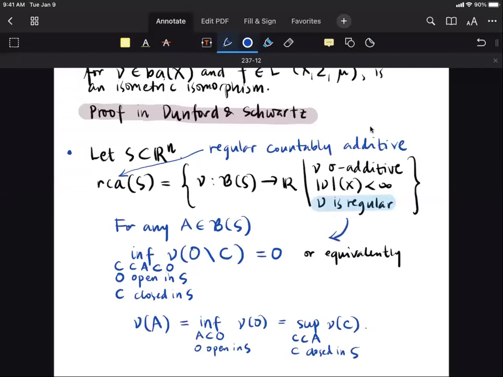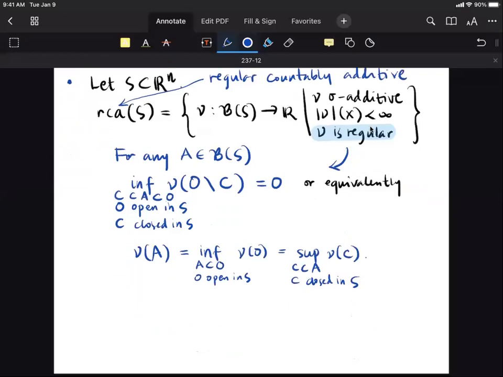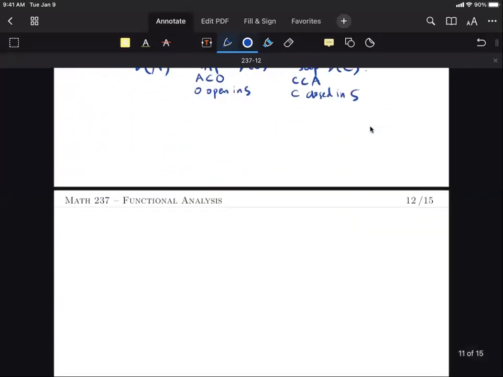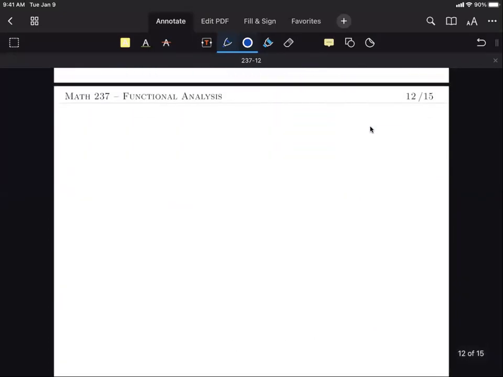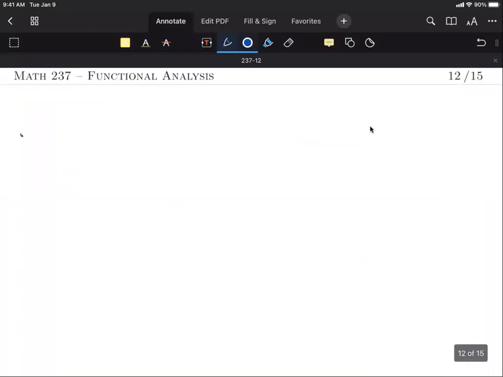So that's the space of regular countably additive measures having finite total variation. So with this, we can now state the so-called Riesz-Radon theorem that characterizes the dual of a space of continuous functions on a compact set in R^n.